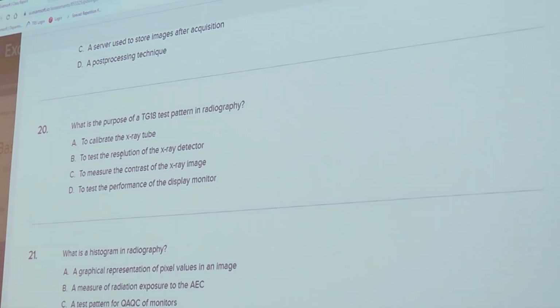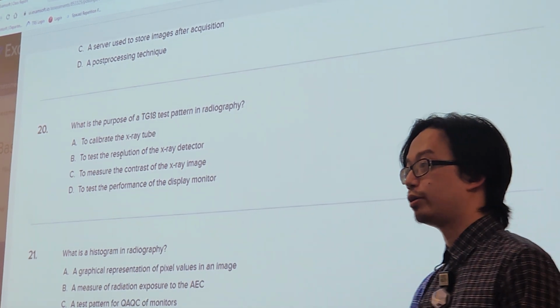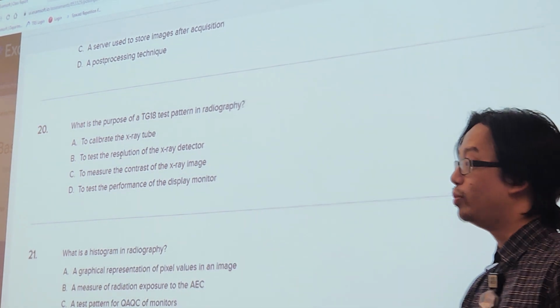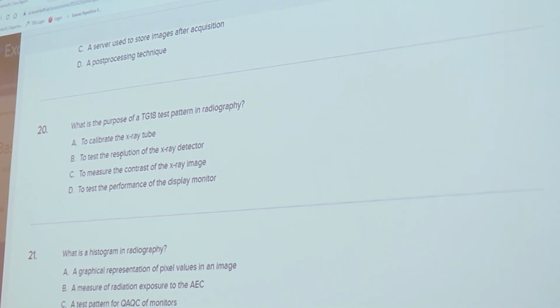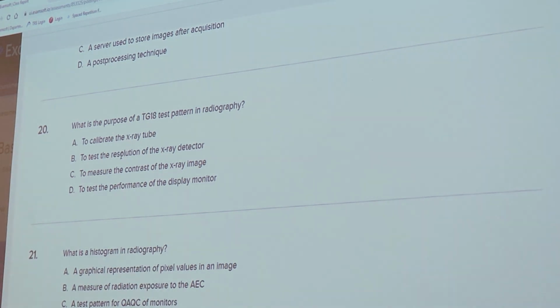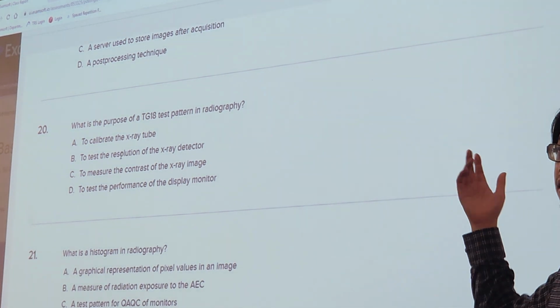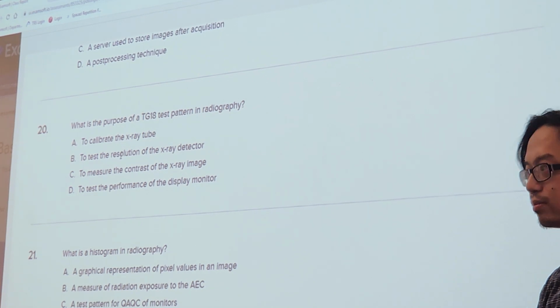But all of those were just to test the performance of the monitors. Test the quality of the monitor, the reflection, the luminance, whether the brightness changes depending on the angle you look at it, and the resolution. So TG18, that group of test patterns, is there to test the monitors.